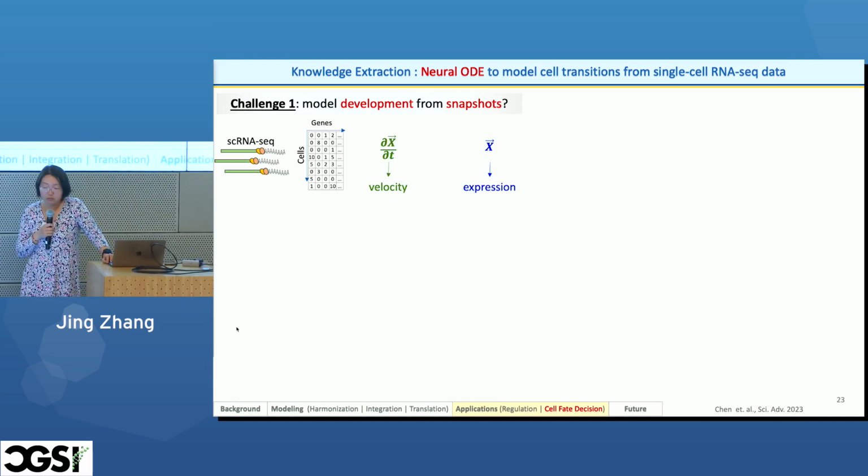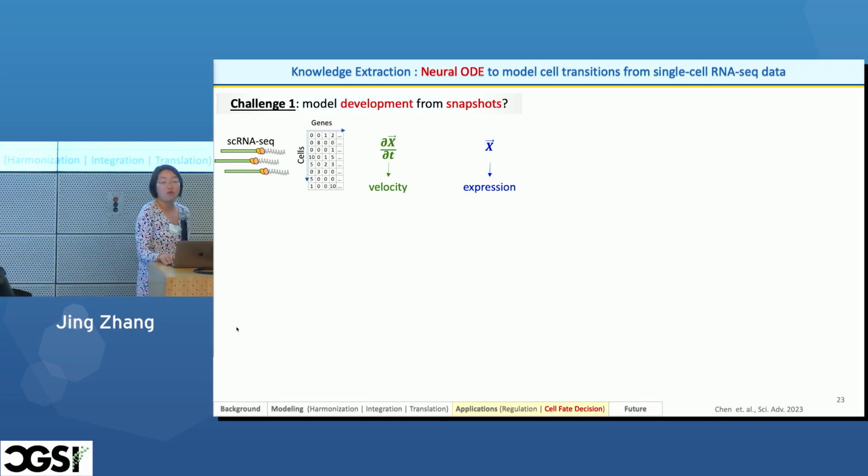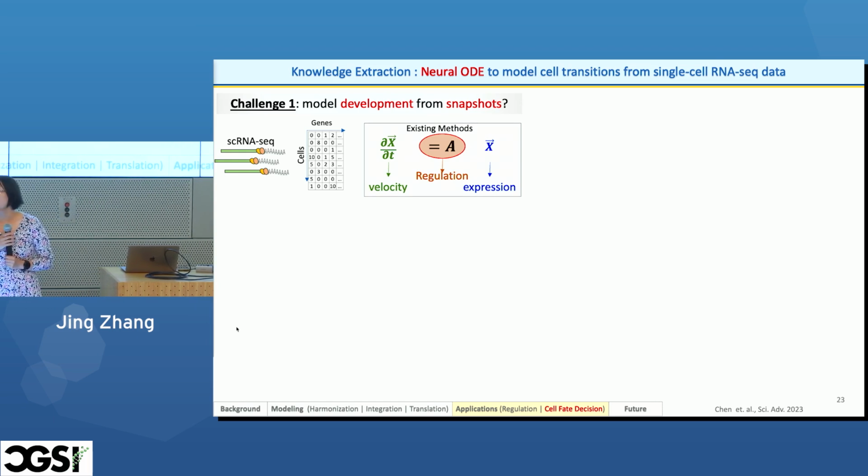So on this task, actually, some methods have been used. For instance, we can infer the velocity of the RNAs, showing in a short amount of time how long it can change. And we can observe the gene expression data directly for a certain time point from the RNA-seq data. And then existing methods basically use linear methods to project between these two vectors.